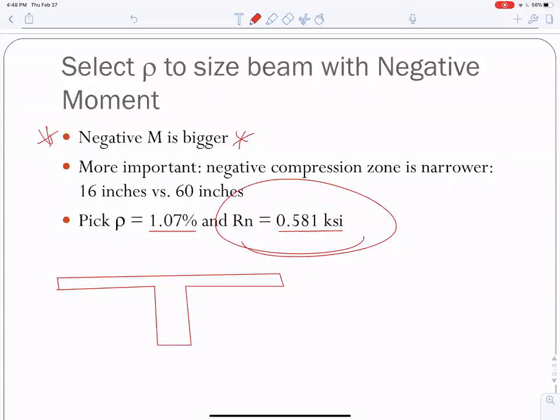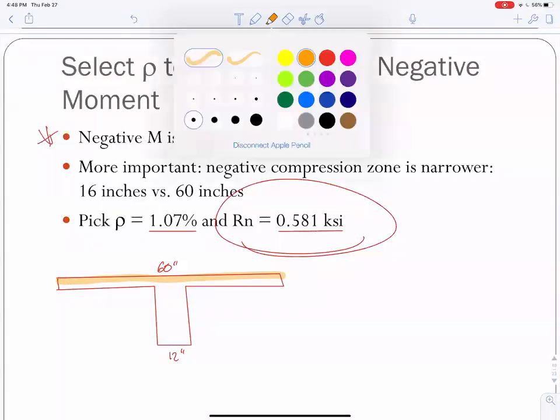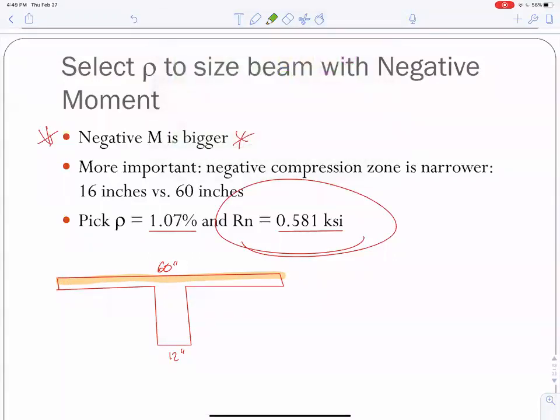Anyway, this is 60 inches wide on the top, and for now, I think I was guessing 12 inches wide on the bottom. And so under positive moment, this is in compression. Let me do a different color for negative. And for negative moment, this is going to be in compression.